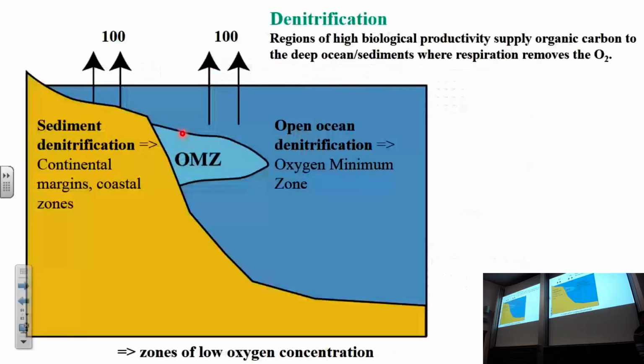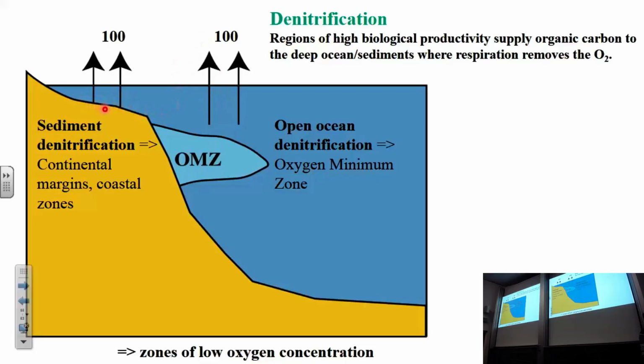So this is a little cartoon of this oxygen minimum zone. Lots of life going on up here. Organic matter sinks down, and as it sinks, it uses up the oxygen as it's being oxidized. When it gets down to this level here, all the oxygen is used up, so we can start to have denitrification from these bits of water that ultimately find their way back up to the atmosphere.